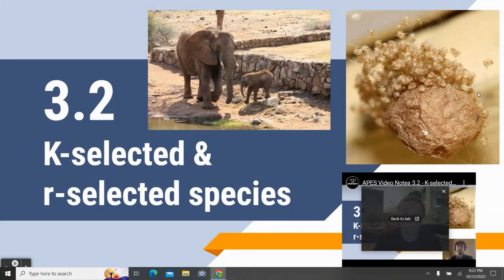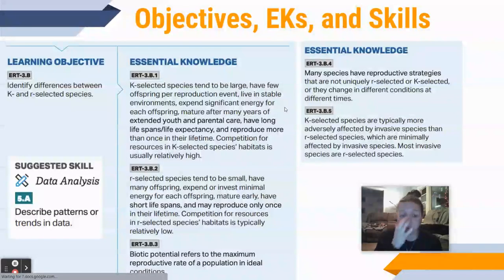So, as we look at our essential knowledge today, it looks like a long list, but it's not that bad, I promise. The first two here are essentially just the difference between K and R selected species. But we do have a new term in our third essential knowledge bullet down here, which is biotic potential, which essentially is just the maximum reproductive rate of a population, and that tends to be much higher for R selected species than for K selected species.